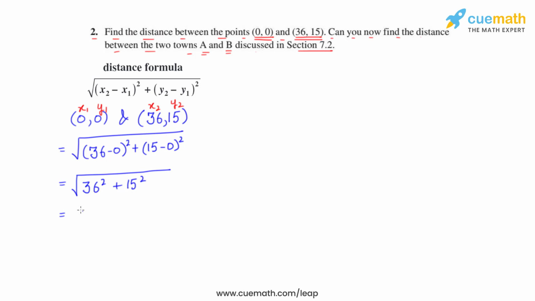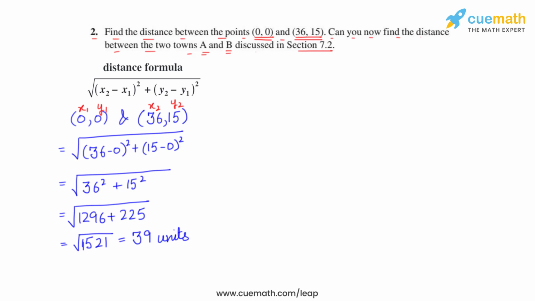We know that 36 square is 1296 plus 15 square is 225. When we add, this comes out to be 1521, whose square root is 39. So the distance between the 2 points 0, 0 and 36, 15 is 39 units.